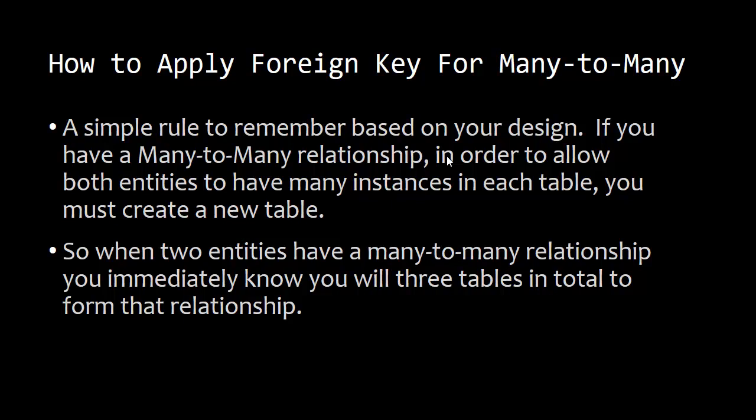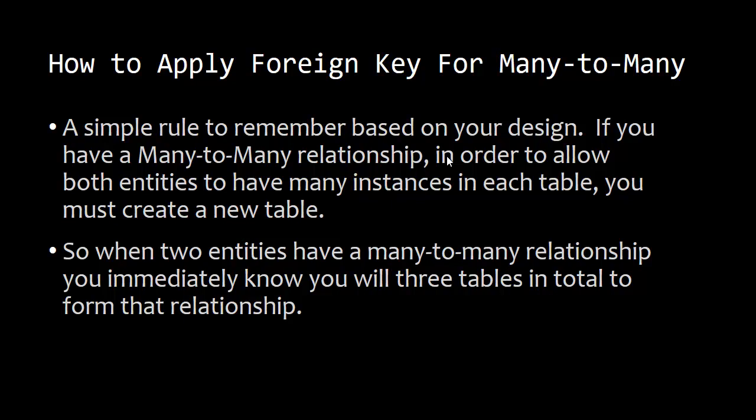If you have a many-to-many relationship, in order to allow both entities to have many instances in each table, you must create a new table. So when two entities have a many-to-many relationship, you immediately know there will be 3 tables in total to form that relationship.